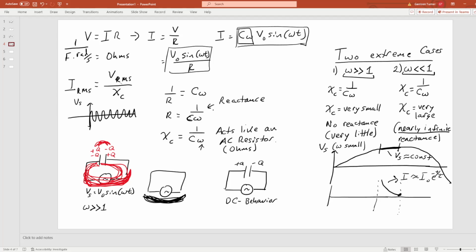Okay? So one last thing to note, if we kind of draw a diagram for, now we're going to let this be at t equals 0. And I let my voltage across the capacitor be represented here, and my current through the circuit therefore is going to lead that by 90 degrees.